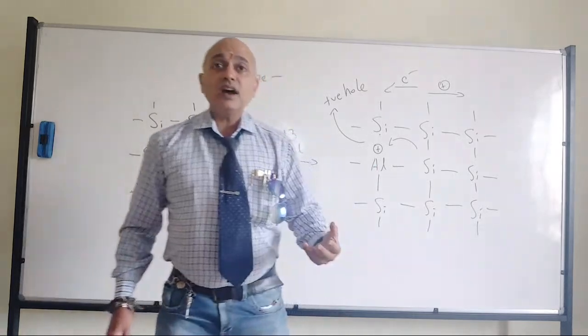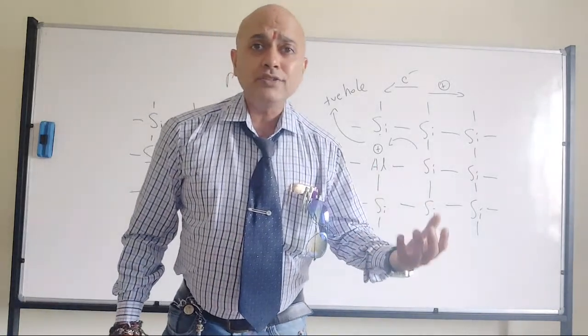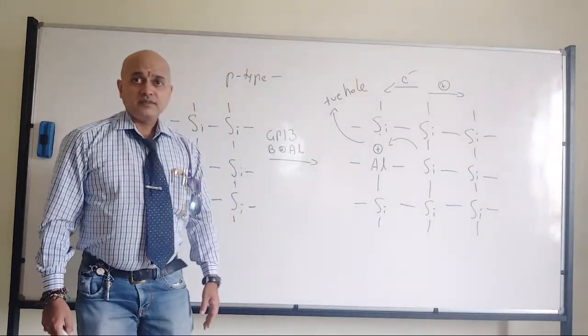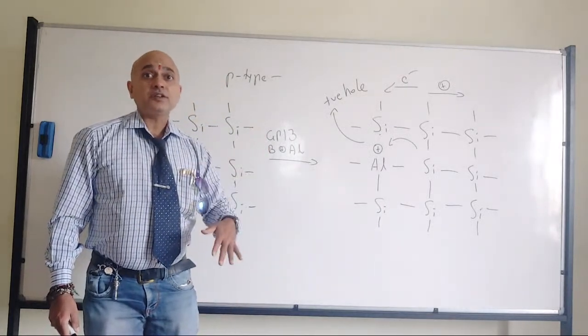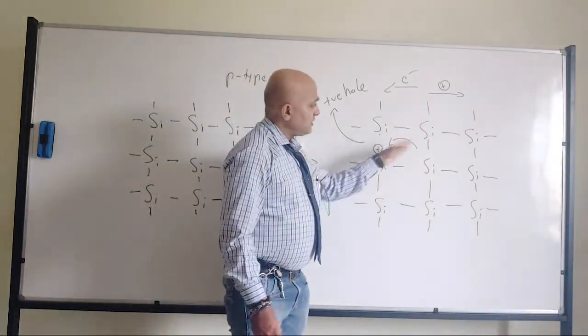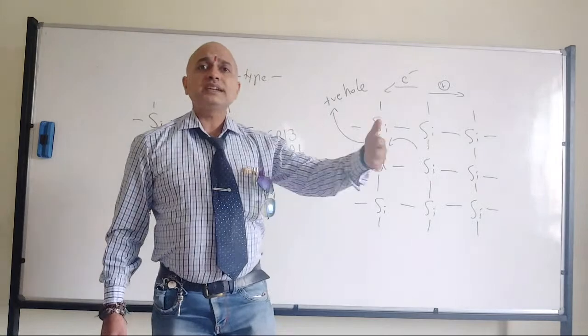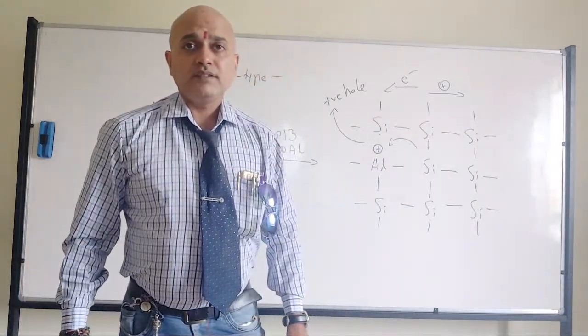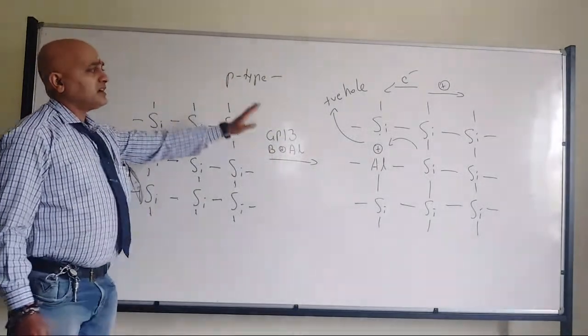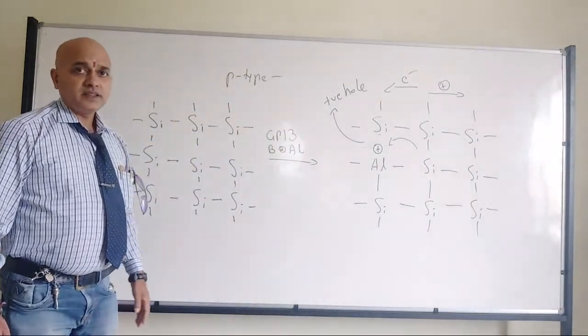Fine? So this is how, when you connect it to anode and cathode, the movement will take place. Actually there is a movement of electron. Positive hole is not moving. Due to the movement of electron, it looks like even the positive hole is getting moved. Fine? All of you will agree? So that's how a P type semiconductor is going to function.